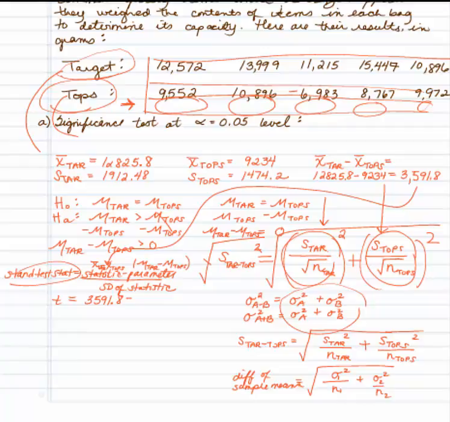This is kind of why I had you rearrange this a little bit over here. We've got that we expect it to get 0. Standard deviation of the statistic: we did all this substituting, but we didn't actually calculate it.